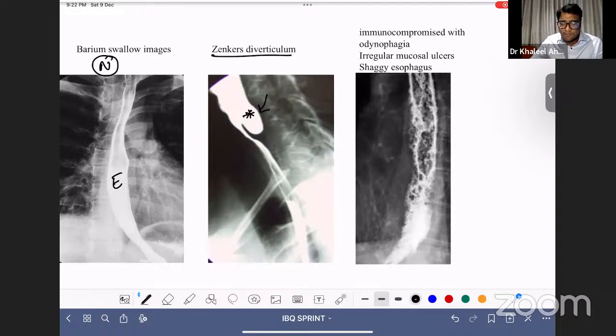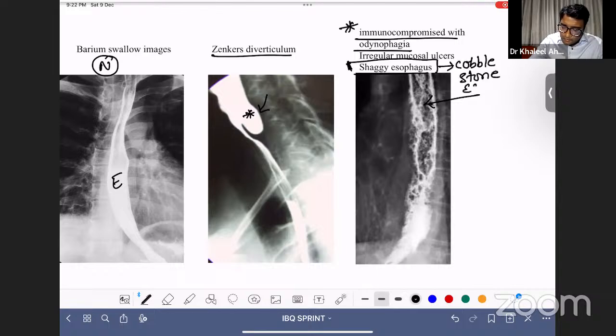And if it is an immunocompromised individual with odynophagia, and on the barium swallow you are seeing many irregular mucosal ulcers in the esophagus, giving a shaggy appearance, or a cobblestone appearance of the esophagus. Anybody?